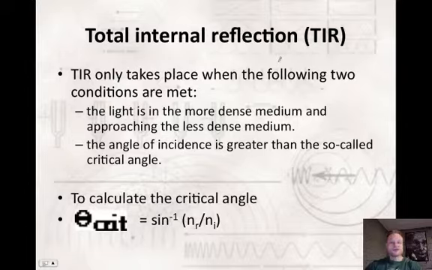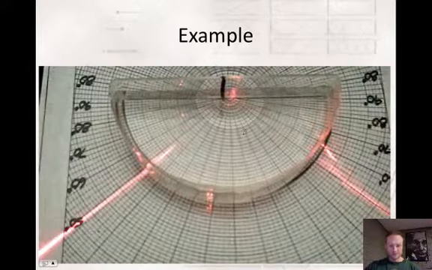So how can this total internal reflection happen? It only can happen when the following conditions are met. There are two rules to this occurring. The first rule is that the light is in a more dense medium and it's approaching a less dense medium. What does that mean? If I go back to this previous picture, air is a less dense medium than water.